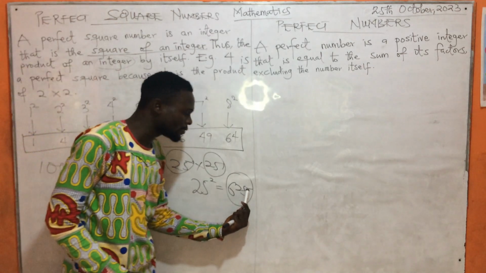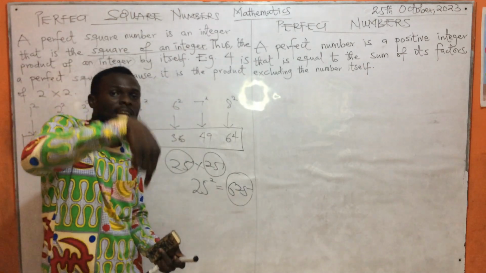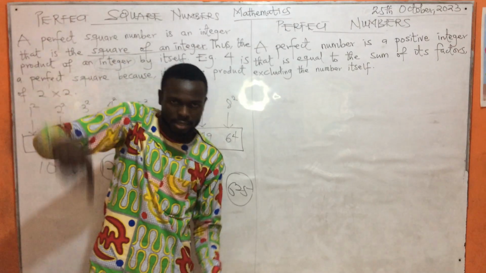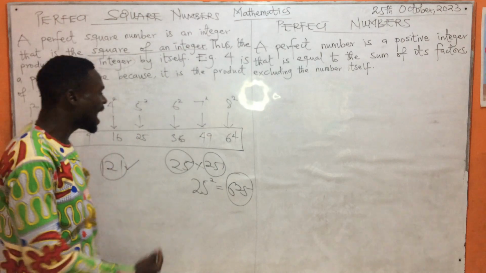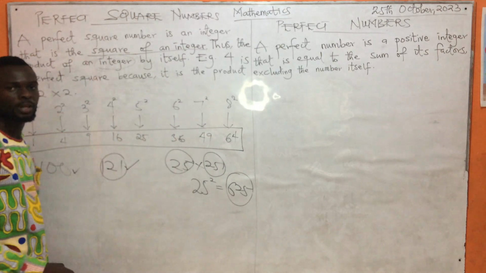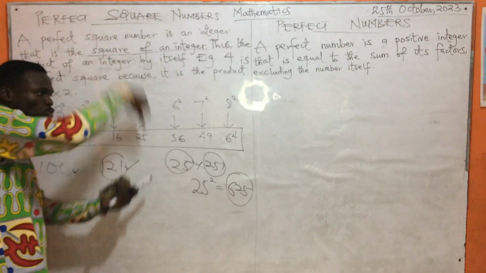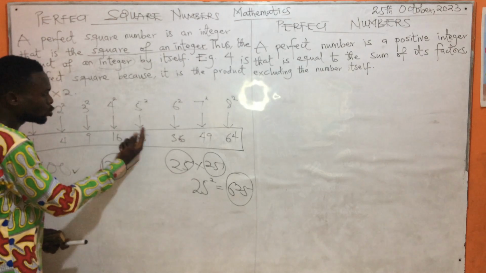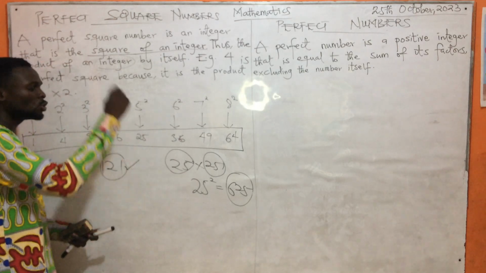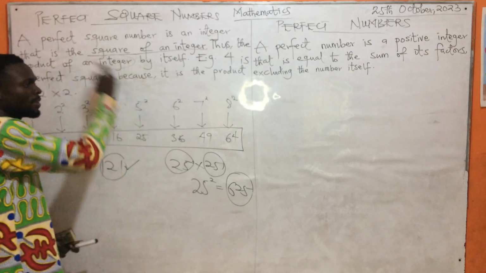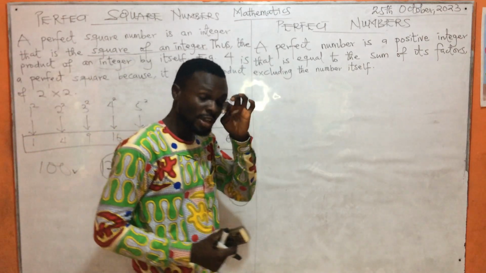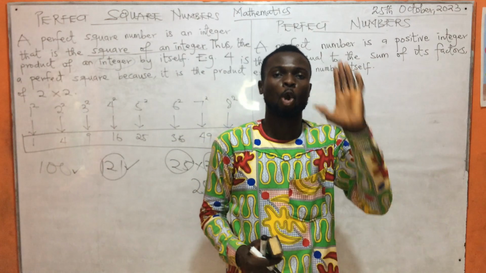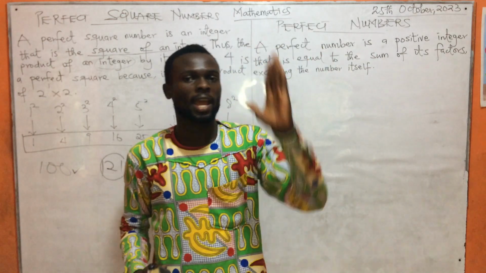The 625 is a product of 25 times 25. So this 25 is a perfect square, and the 25 itself is also a perfect square. Why? Because 25 happens to be the square of 5. And that is what we call a perfect square or a perfect square number.